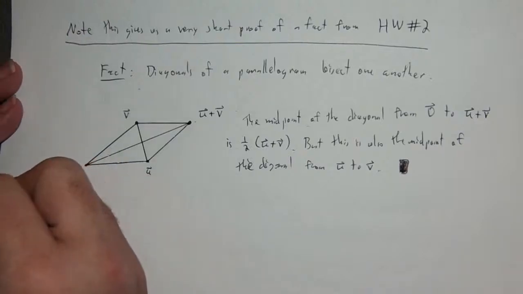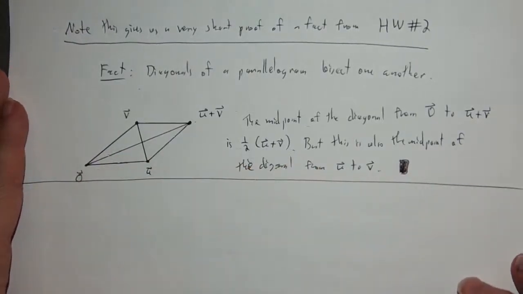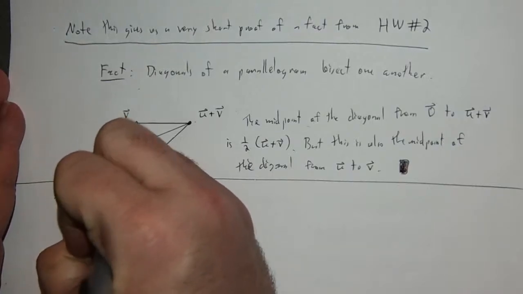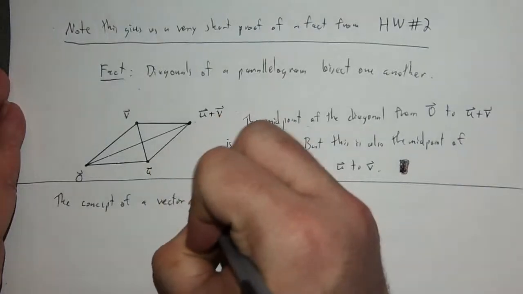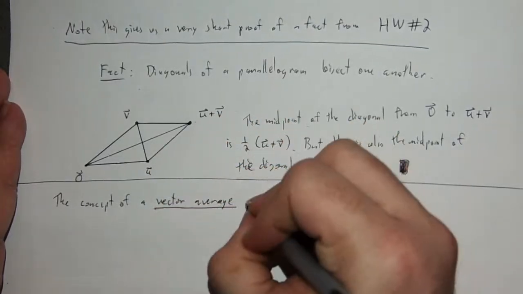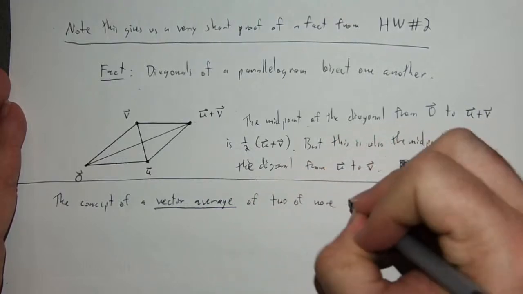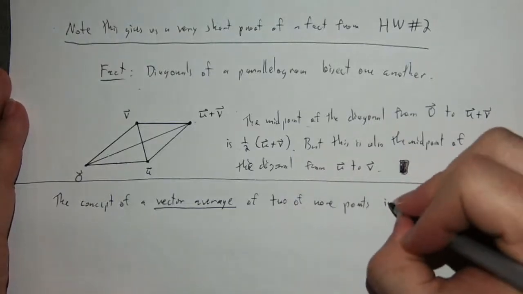All right. So what is the idea? The concept of a vector average of two or more points is physically significant, right?